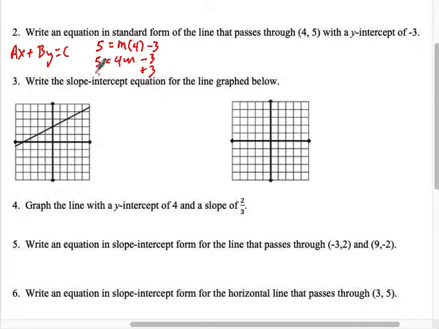Add 3 to both sides. So 8 equals 4m, divide by 4, m equals 2. Now I can put it in slope-intercept form and change that into standard form.